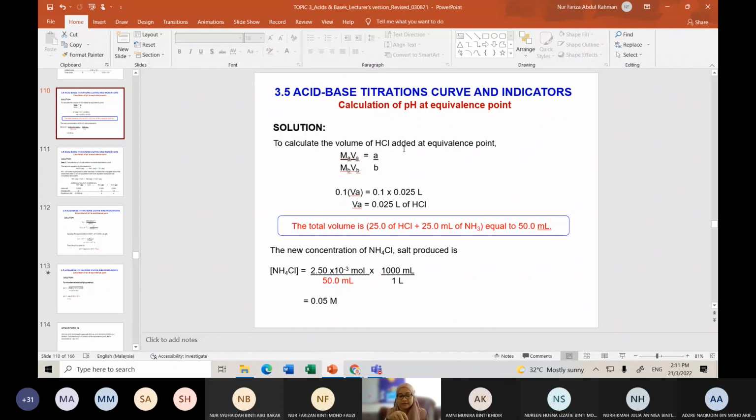In the flask is where we place the pH meter. That means initial pH should come from the solution in the flask. That one also you have to identify, because the initial pH depends on the solution in the flask.